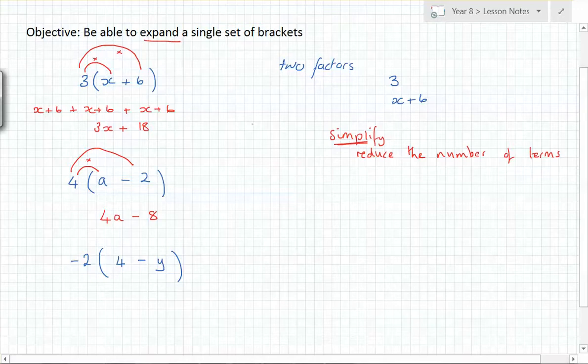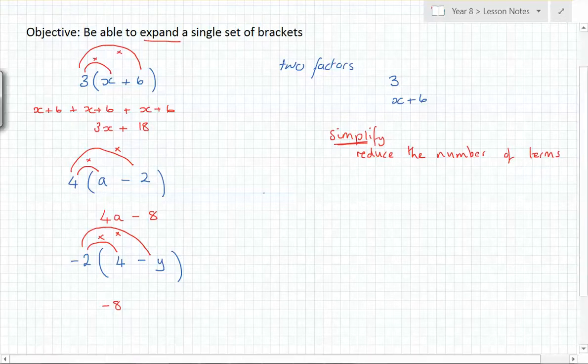So we do the same thing we've done before. Minus 2 times 4 is minus 8, and minus 2 times y is minus 2y.